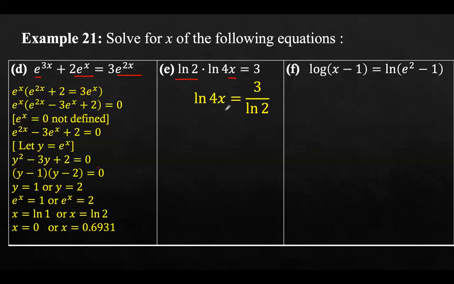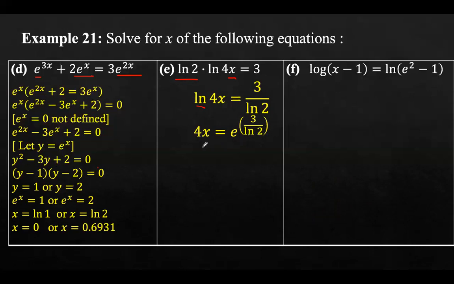Before using the calculator, we want to find what x is first. For this ln, we change it into index form. Therefore, you get 4x equals e^(3/ln 2). Sorry, ln 2.